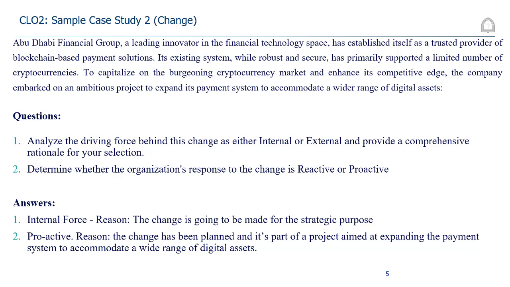So you need to have a knowledge of what kind of changes and how you react to those changes. Now, there are two kinds of changes. We've got the internal, which can be motivated internally.